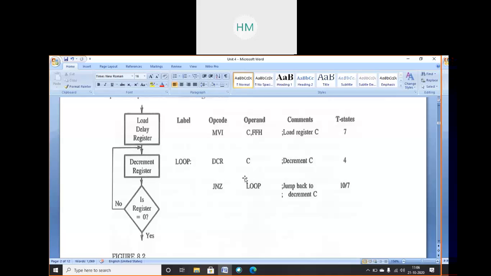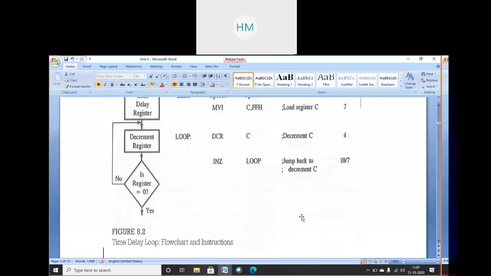Jump if not zero: as long as it is not zero, the condition is met. So 4 plus 10 T states continuously will be required, and in the last pass, when the counter is zero, it will come out of the loop. There it will require 7 plus 4.